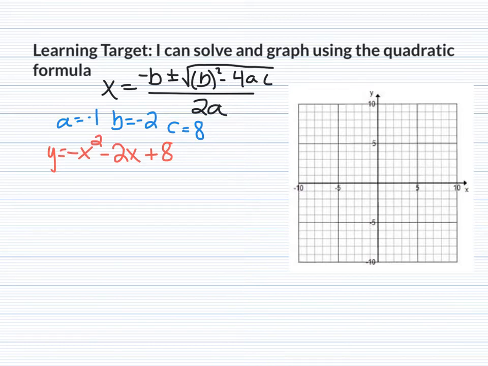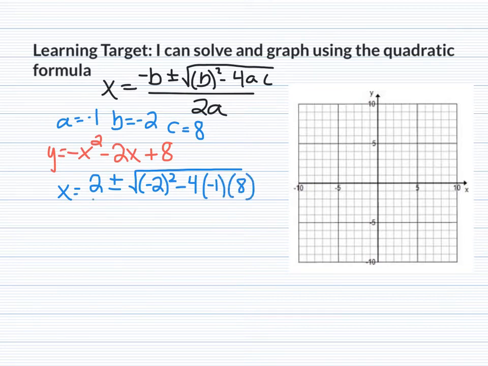So I'm going to plug in x equals the negative b. Okay, so that's like negative 2, that's positive 2, plus or minus the square root of, in parentheses, b squared minus 4 times a times c, all over 2a.